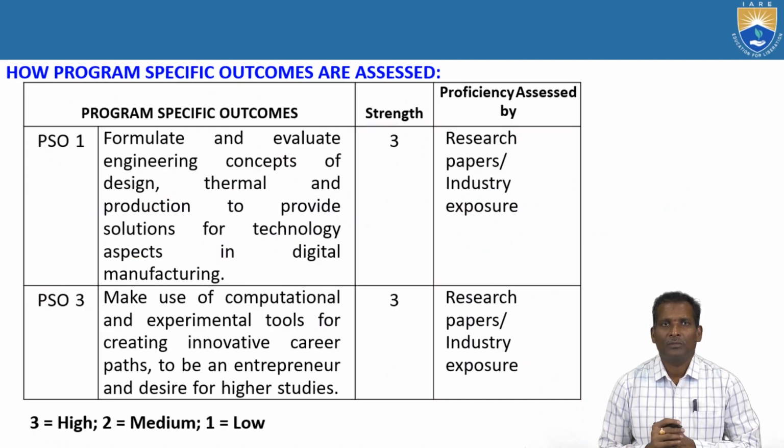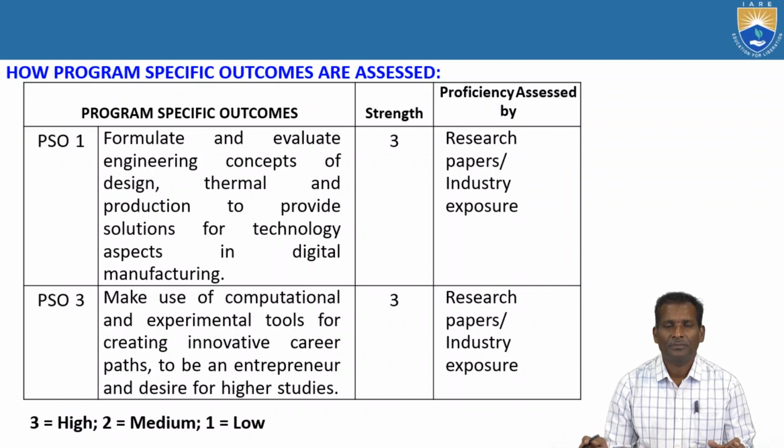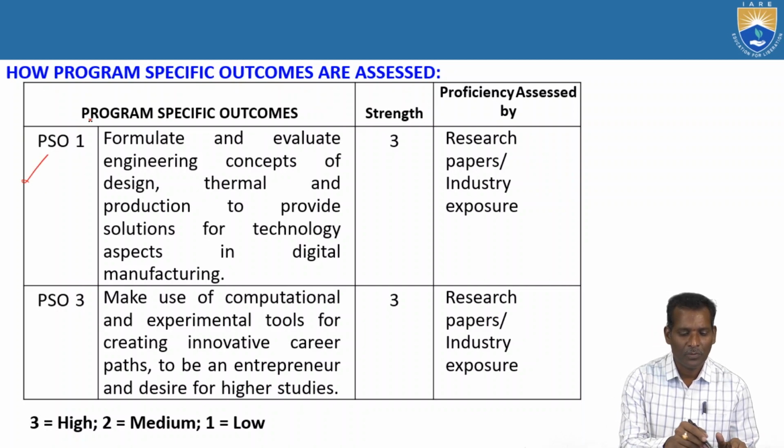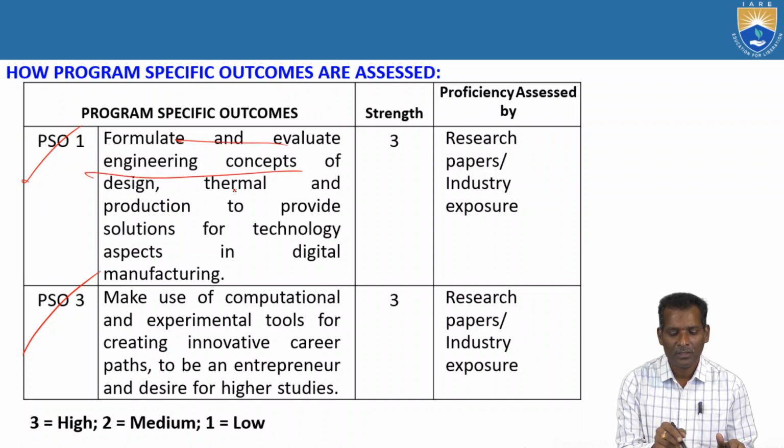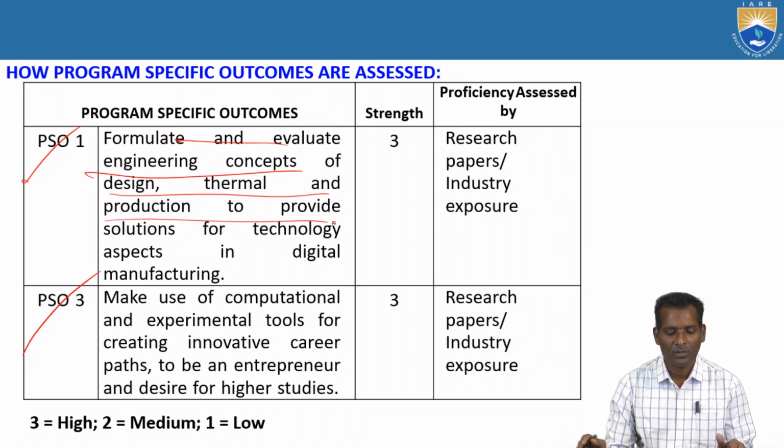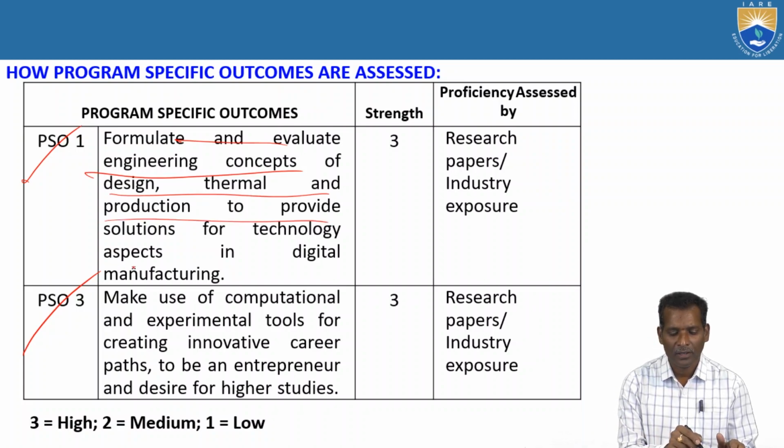Next, PSOs: how program specific outcomes are assessed. Here the specific outcomes mentioned are PSO1 and PSO3. PSO1: to formulate and evaluate engineering concepts, design, thermal and production to provide solutions for technology aspects in digital manufacturing.